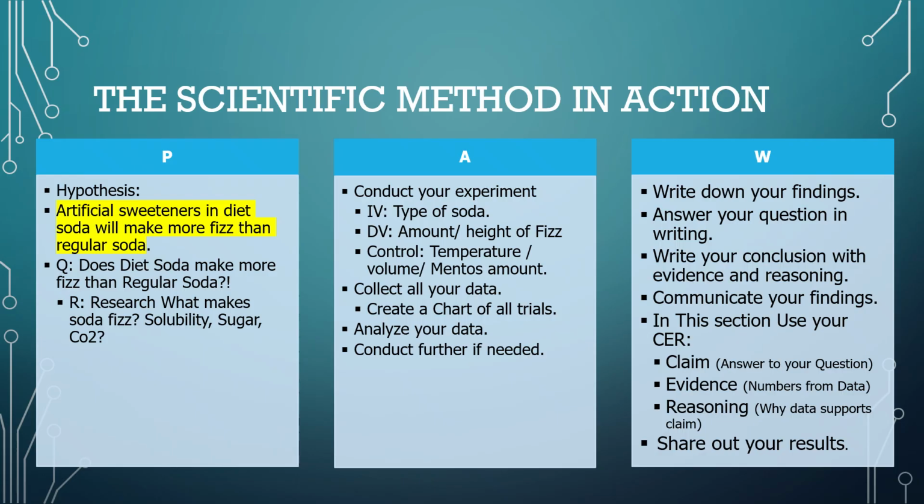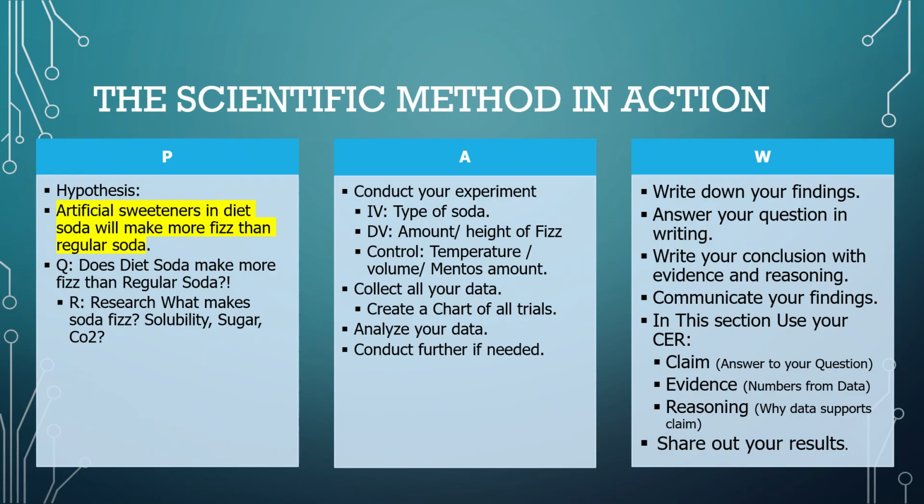In this section, always use your CER because it is used widely across all sciences. The CER is, first of all, the claim, which is what you're claiming you are going to do to answer that question. Do you have evidence that this question was answered?